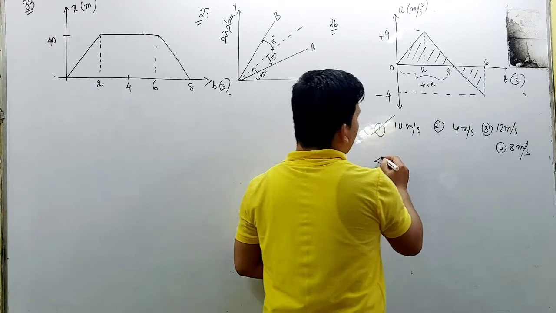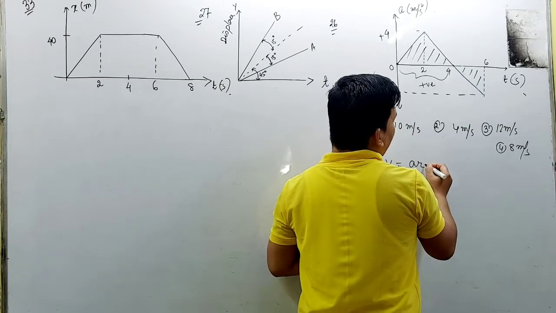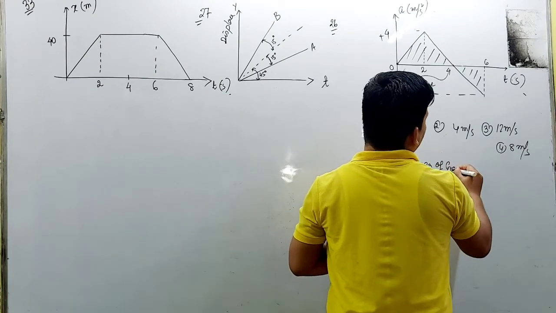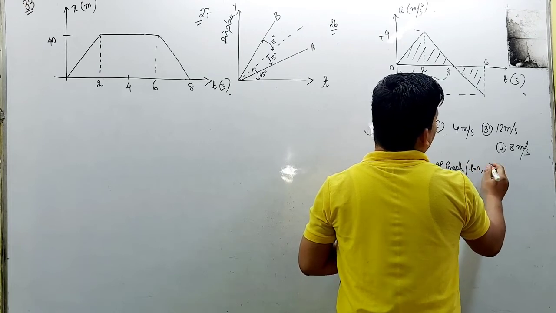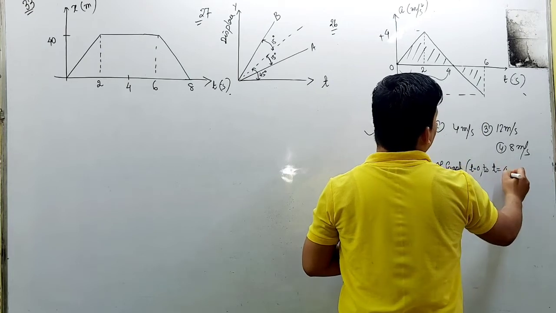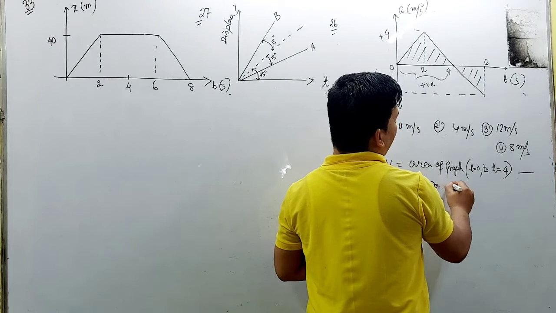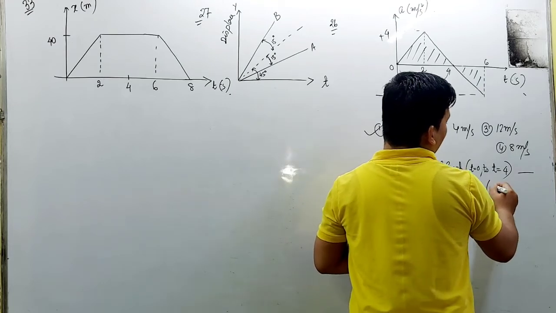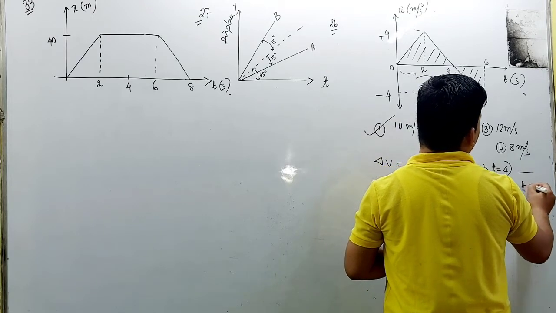Your change in the velocity will be equal to the area of the graph during the time interval t equal to 0 to t equal to 4 seconds, minus the area of the graph during the duration t equal to 4 to t equal to 6.